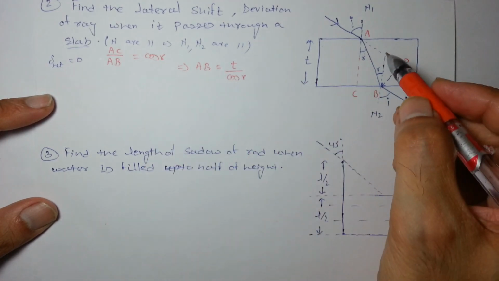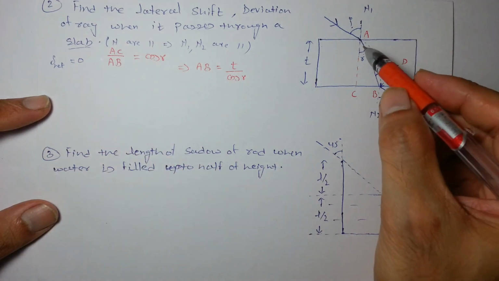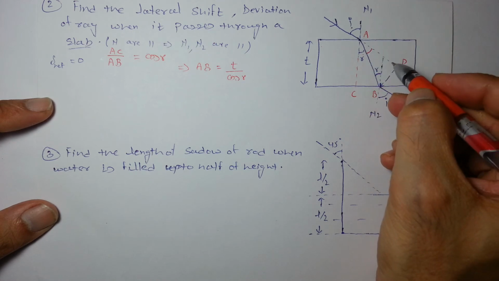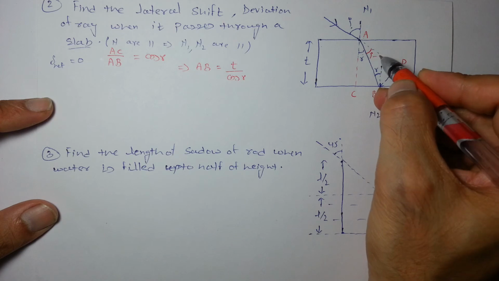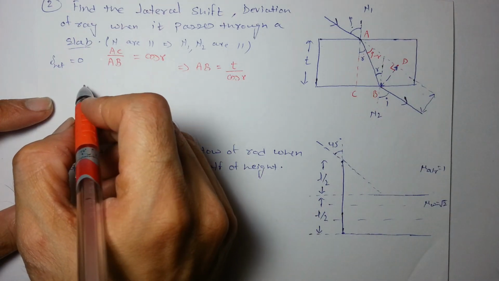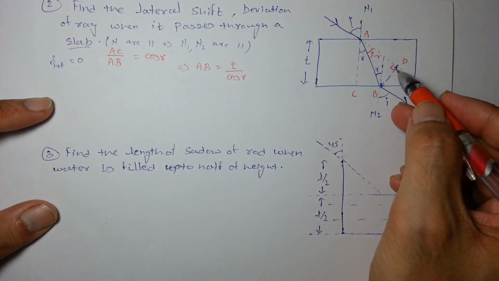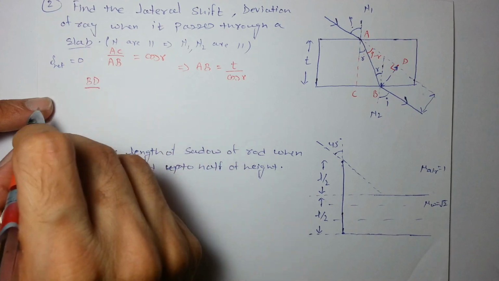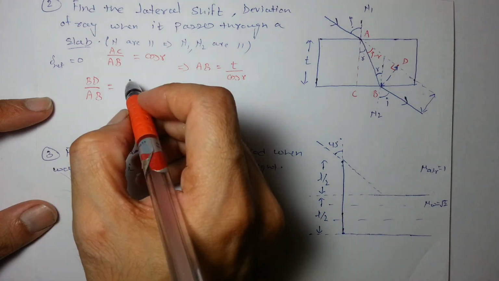And in this triangle ABD, look at this angle, this is always perpendicular. This angle is nothing but I minus R. So we have to find BD, means perpendicular BD over hypotenuse AB is how much?